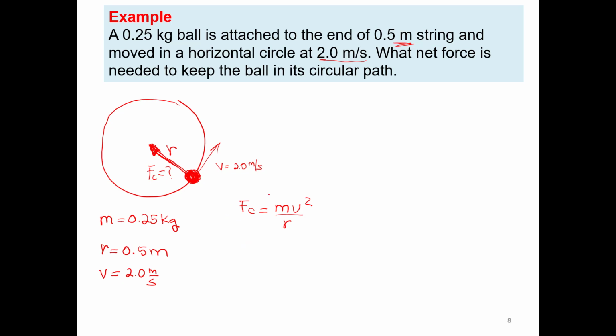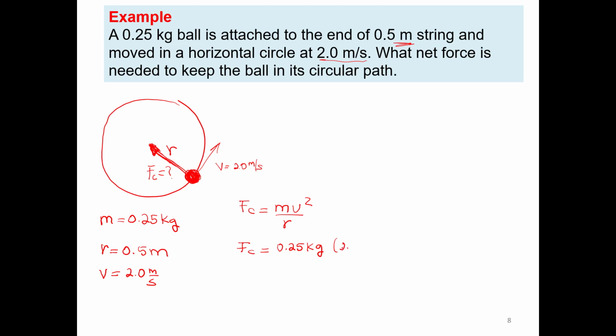You don't have to memorize this equation because I already published the equation sheet. You can use that equation sheet. First, the mass is 0.25 kilograms, and please write the units also. This helps you know if you are doing something wrong. Here is the velocity. Sorry, I was writing the wrong value.